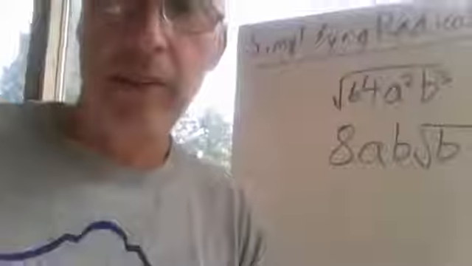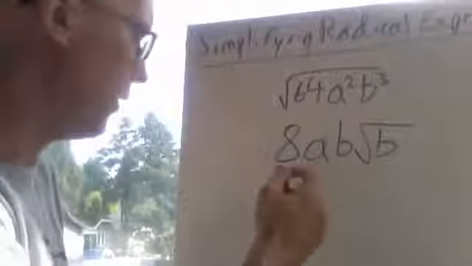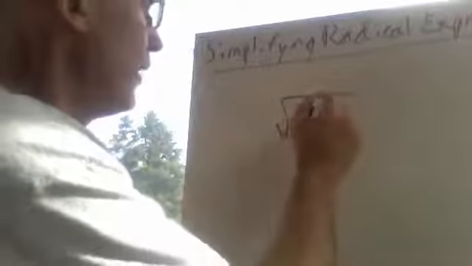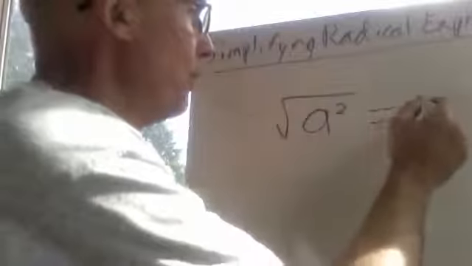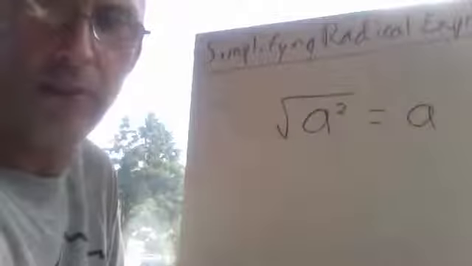Now actually, let me just zoom in here for a second. There's a technicality here that I want to go over real quick. When you have the square root of something to an even exponent, it technically does not equal itself.